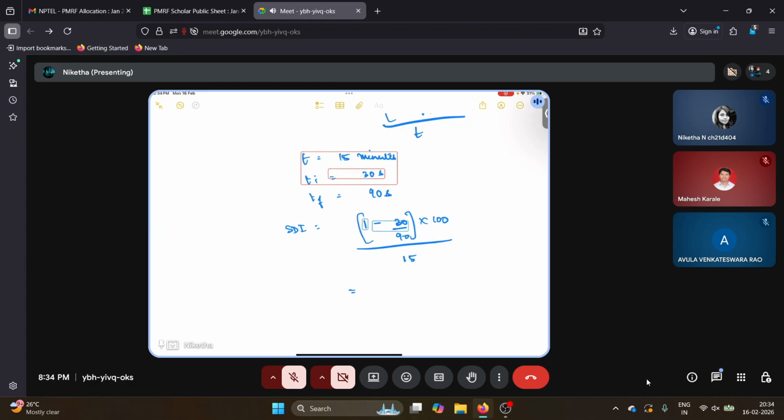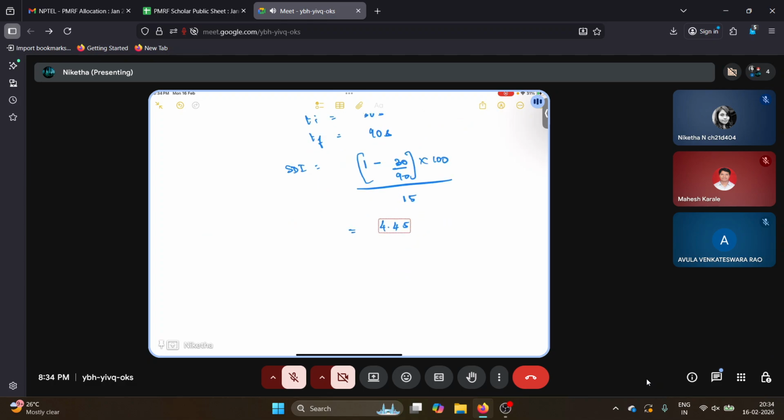You just have to substitute and tell me the answer. Yeah, so it is 4.45. So generally, if the SDI is more than 3, it means we need to have pre-treatment.